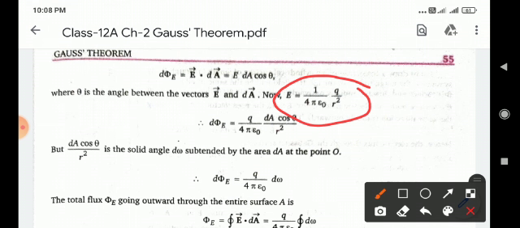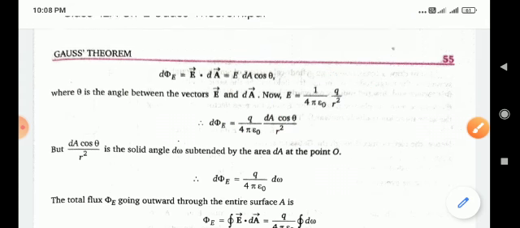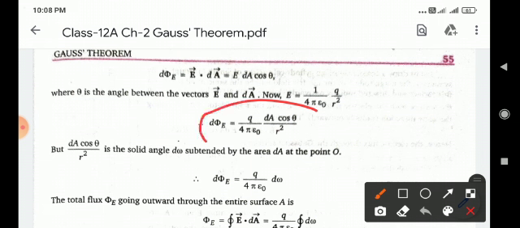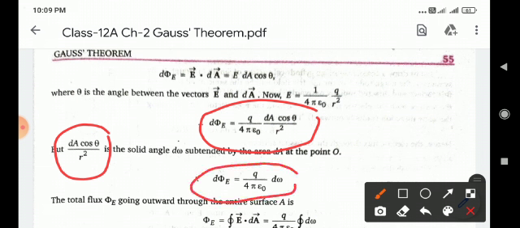If we put the value of E in our equation, we find that d phi E is equal to Q upon 4 pi epsilon naught times dA cos theta upon R square, where dA cos theta upon R square is the solid angle d omega subtended by the area at the point O. d phi E is equal to Q upon 4 pi epsilon naught d omega.